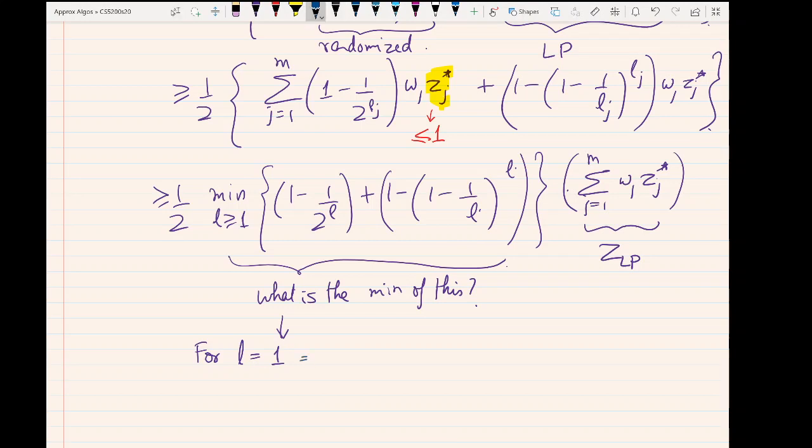Well, if you actually substitute in the values, you'll find out that this takes the value 3 halves. Again, for L equal to 2, it takes 3 halves.